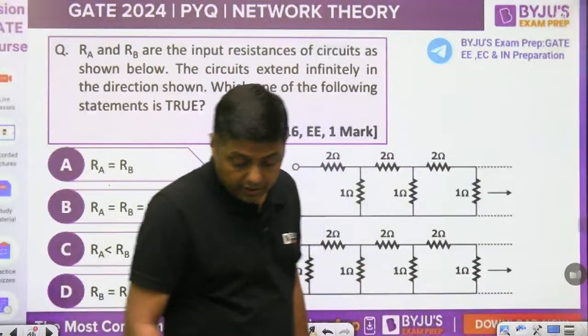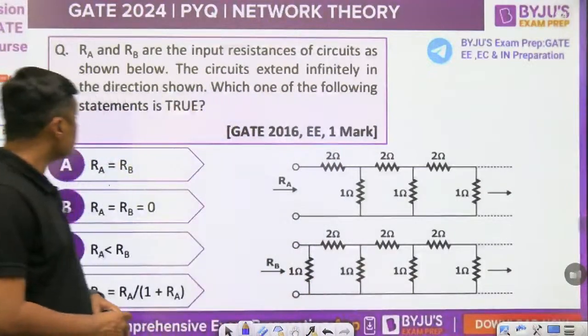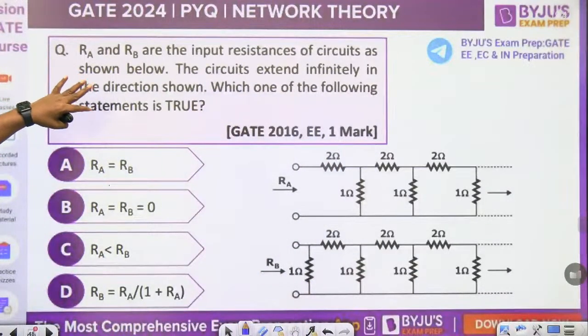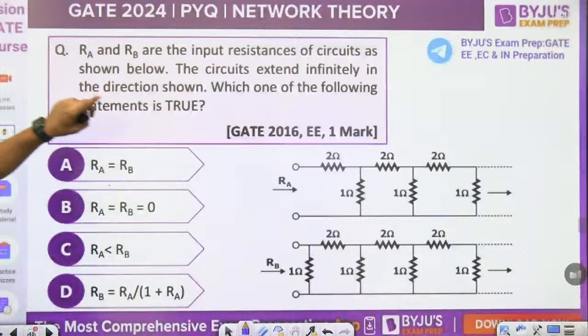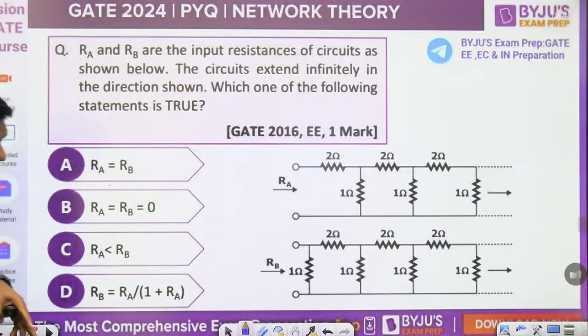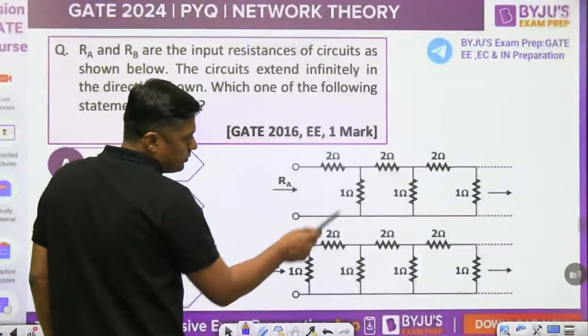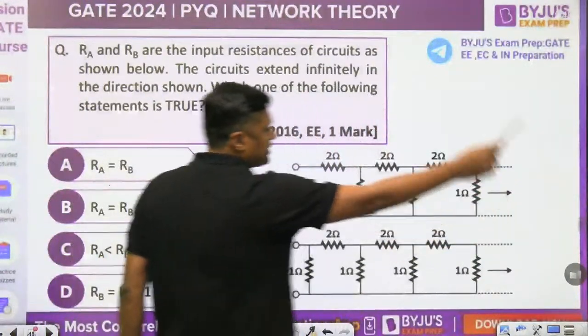Okay. Then next one. RA and RB are the input resistances. This is the RA, that is the RB. As shown below, the circuit extends infinitely in the direction shown. Which one of the following statements is true? These two diagrams are the same, extended up to infinite.